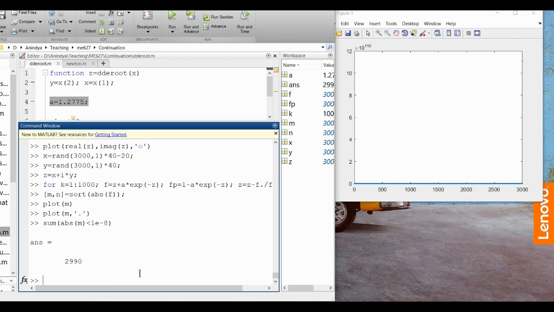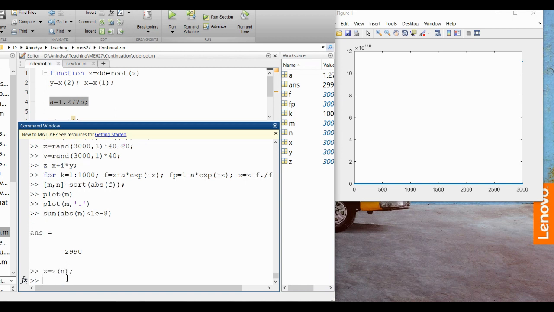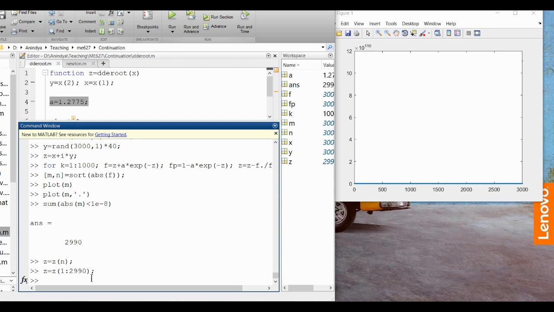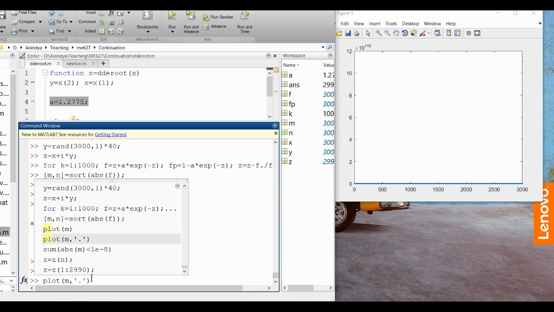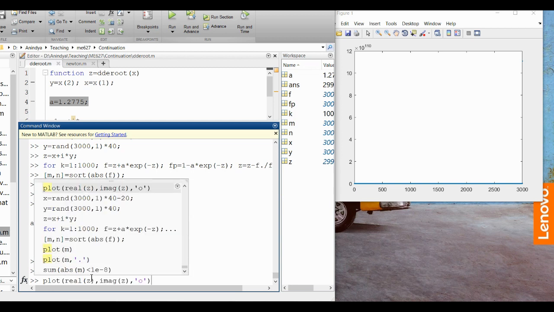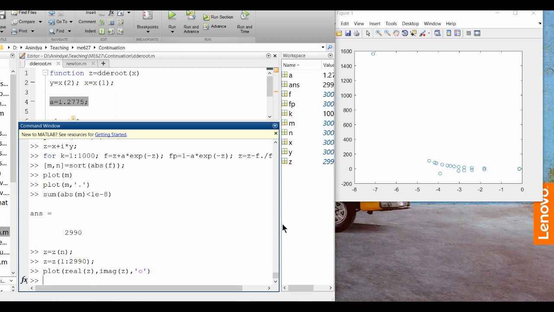And so what I will do is I have sorted them with m and n here. So I will say z is equal to z of n. Those are the roots, and then I will say z equals z 1 to 2990. Now these are my converged roots. And now if I use this plot command, so I've got some very large root over there, but that's not important.